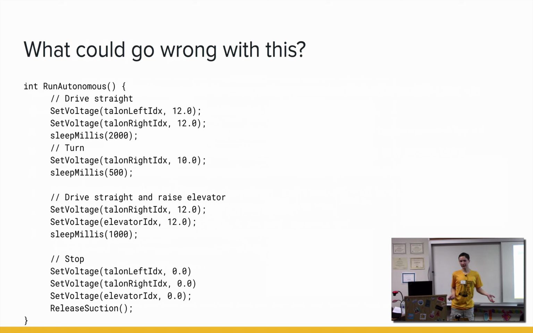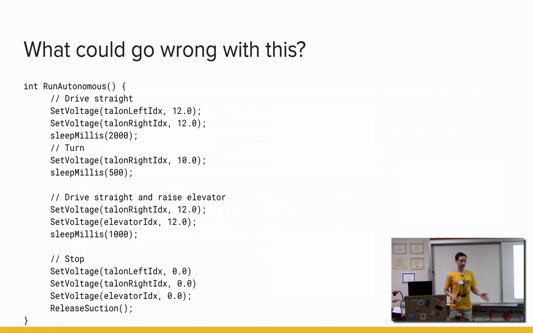Does anyone have any ideas what might not work 100% of the time with this example autonomous routine? Anyone? Yeah? Setting the voltage will not necessarily create the same output from the motor. Yeah, exactly. If the battery is higher or lower, because batteries aren't always consistent, you're not going to get exactly 12 volts out of the motor every single time.